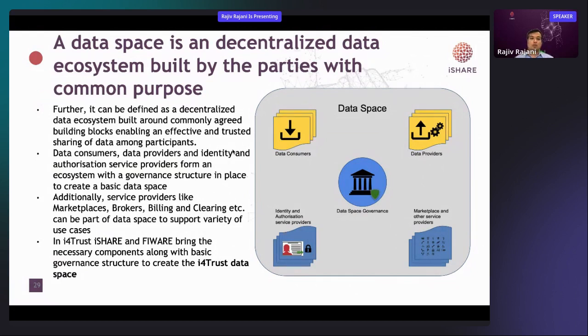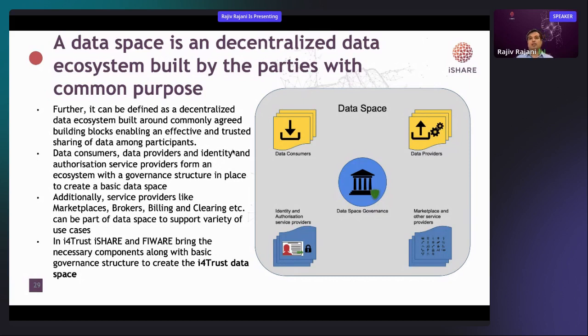And not only operational, but also updated to remain relevant, because we know technology keeps changing, and there are always new things or new regulations, for example, that keep coming, which you need to adapt to. So governance is key in making sure that the data space remains operational and, on the other hand, remains relevant to all its participants.